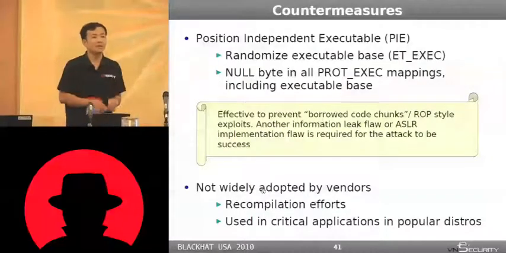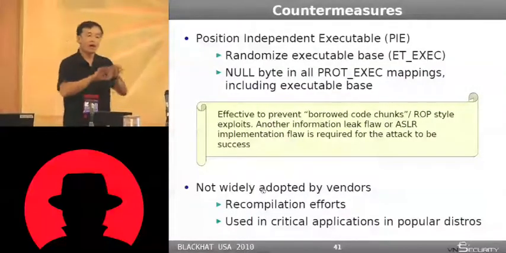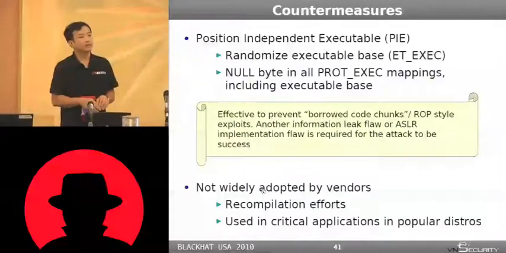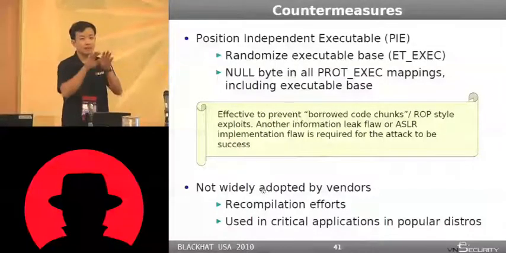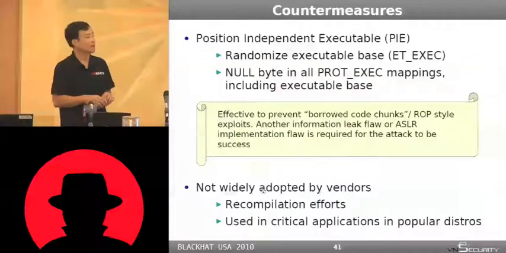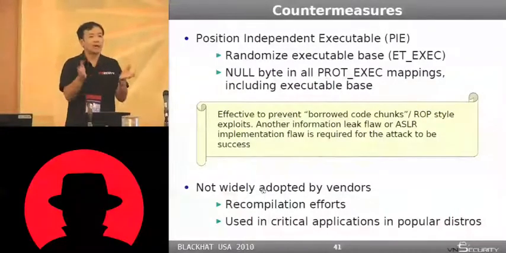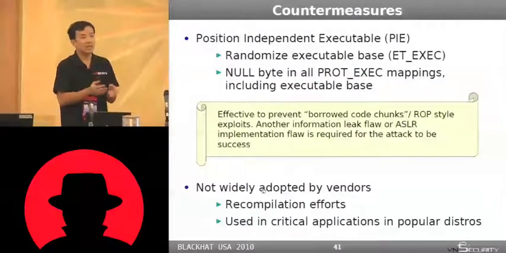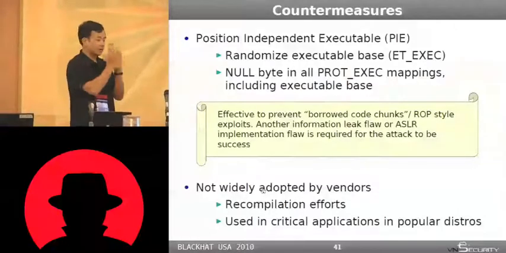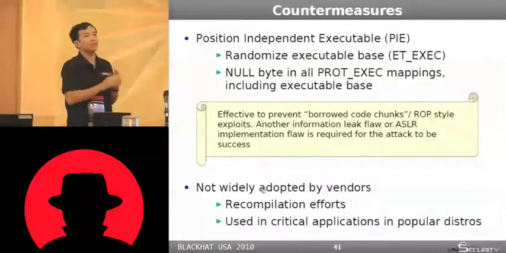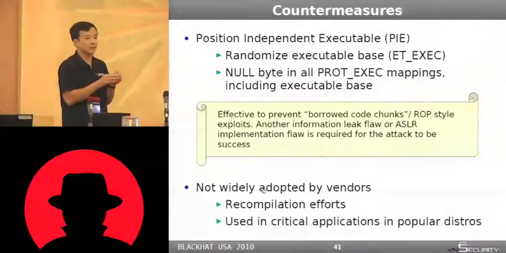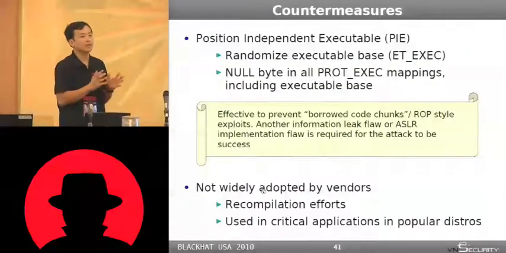With the position independent executable, every address is randomized, even the code of the program itself. So you cannot return to it because it's randomized. It also adds the null byte to the address, so it will be hard if the ASCII armor is enabled or the null byte drops the input.